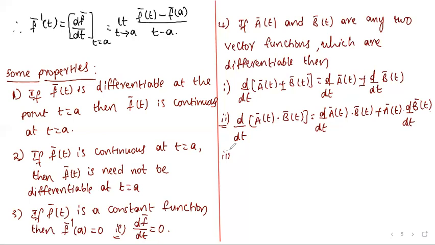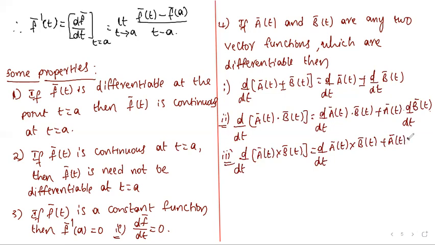Okay, that is for the dot product. For the cross product, d by dt of a bar of t cross b bar of t is equal to d by dt of a bar of t cross b bar of t plus a bar of t cross d by dt of b bar of t.